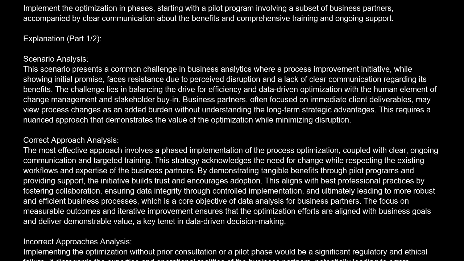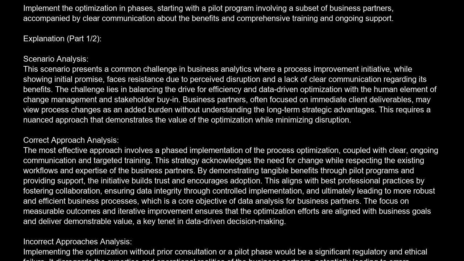Correct approach analysis. The most effective approach involves a phased implementation of the process optimization, coupled with clear, ongoing communication and targeted training. This strategy acknowledges the need for change while respecting the existing workflows and expertise of the business partners. By demonstrating tangible benefits through pilot programs and providing support, the initiative builds trust and encourages adoption.